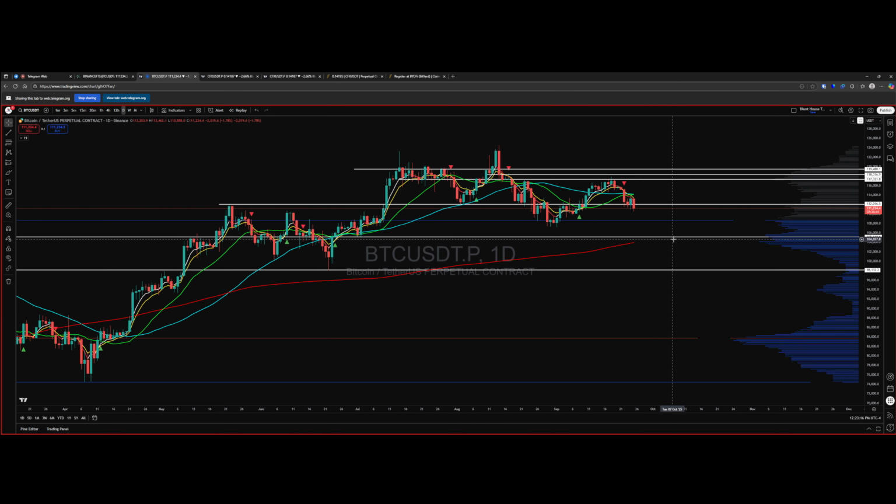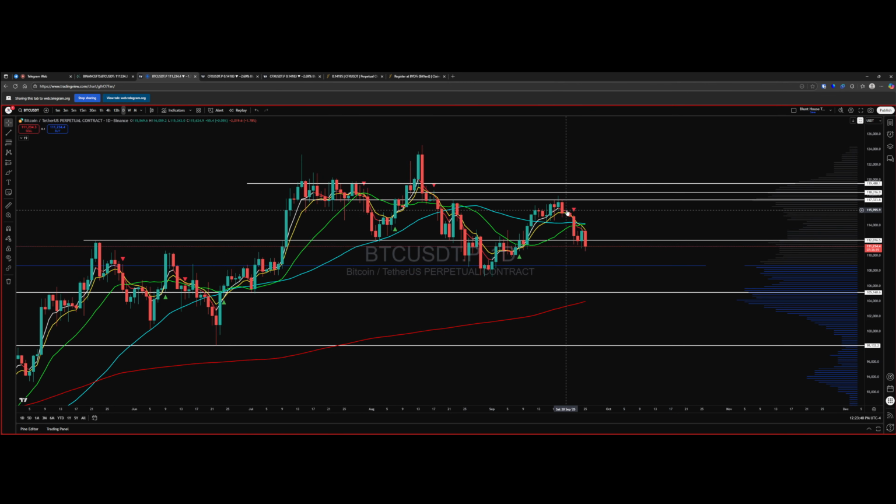And just because the 200 MA or whatever you're looking at as a target seems unreasonable, it doesn't mean that it is. Like, why is it so unreasonable that price comes back to tag the 200 MA? It's not. It just feels like a long way away. That's all. But technically, it's not unreasonable whatsoever.